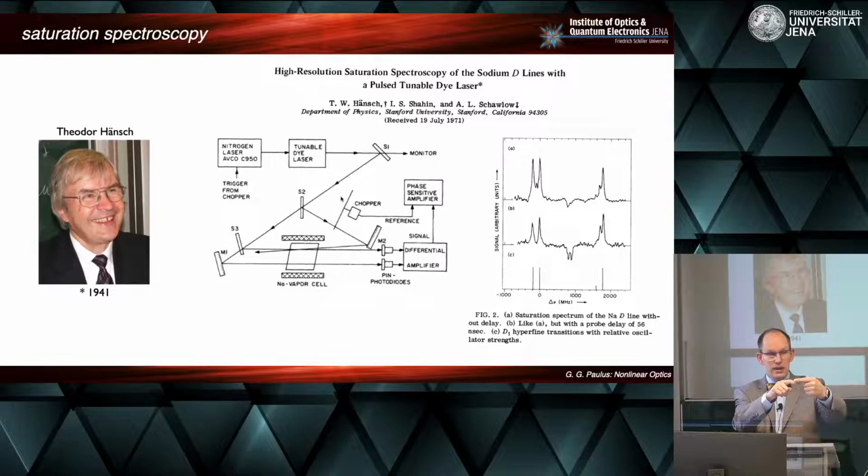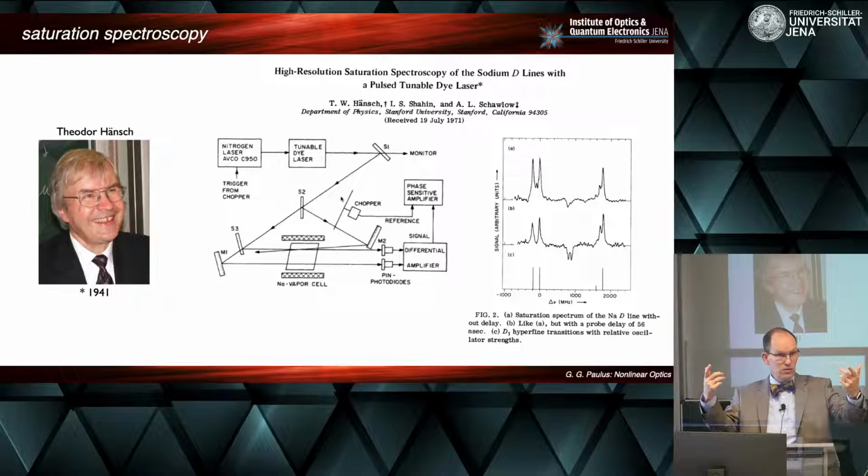So you bleach, say, those that travel in this direction, but with the other beam, you're in resonance with those who go just the opposite way. Right? Only those atoms that have no velocity component along the laser beam axis see the same frequency for both, yeah? Because they have no Doppler shift.